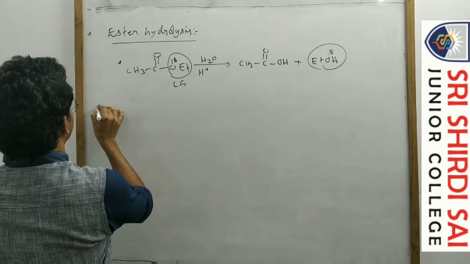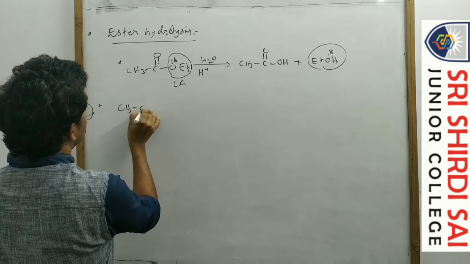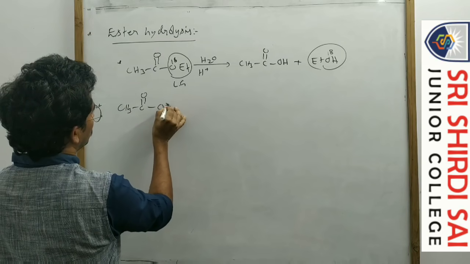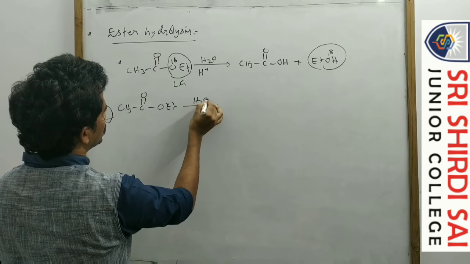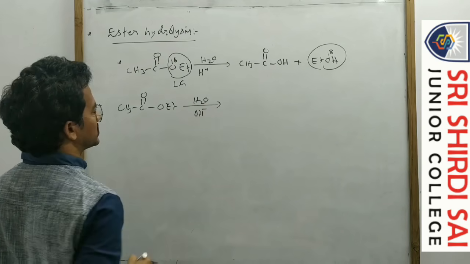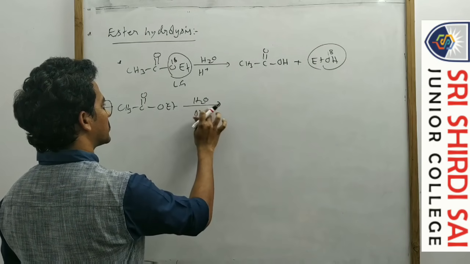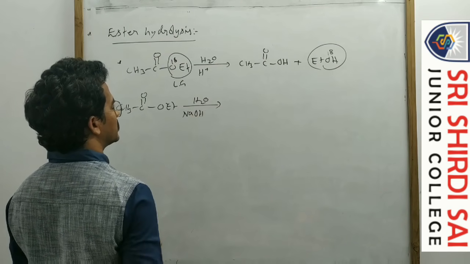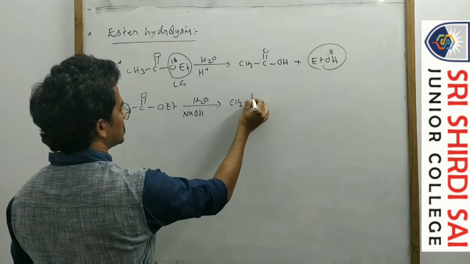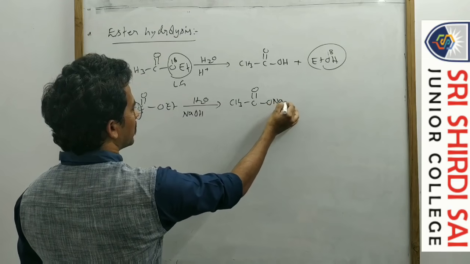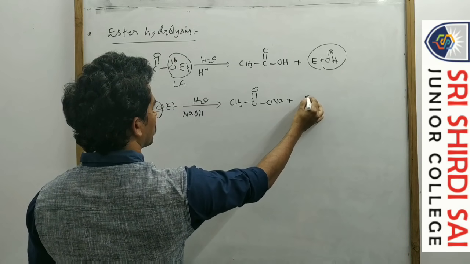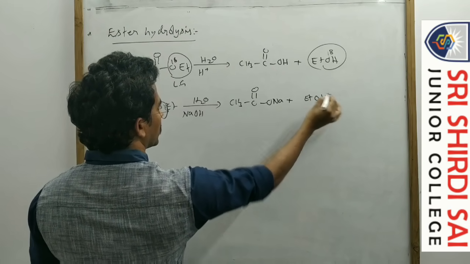So next, the basic medium: CH3C double bond O, OEt, H2O, OH minus. In the presence of basic medium, generally hydroxide, but suppose your base is NaOH. So the products are CH3C double bond O, ONa plus EtOH.